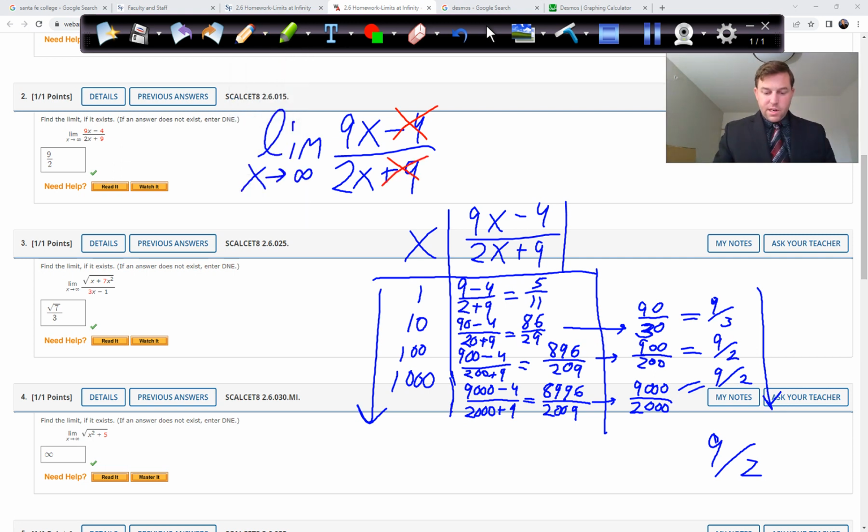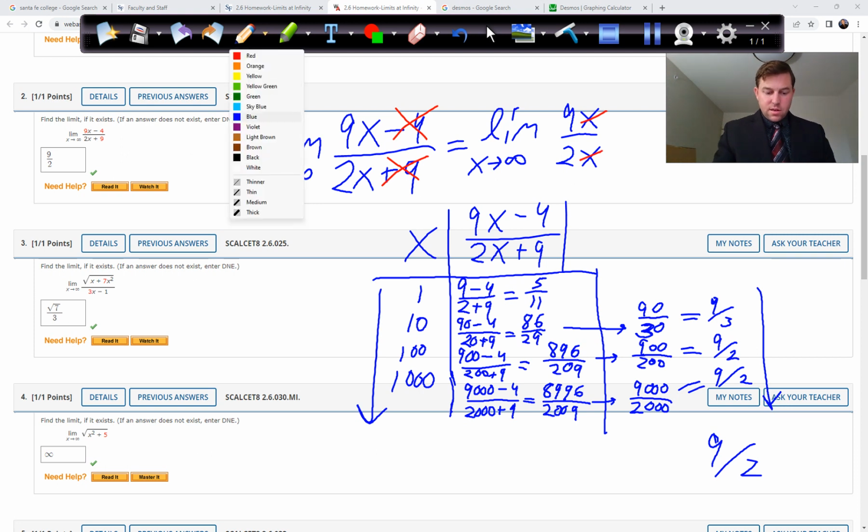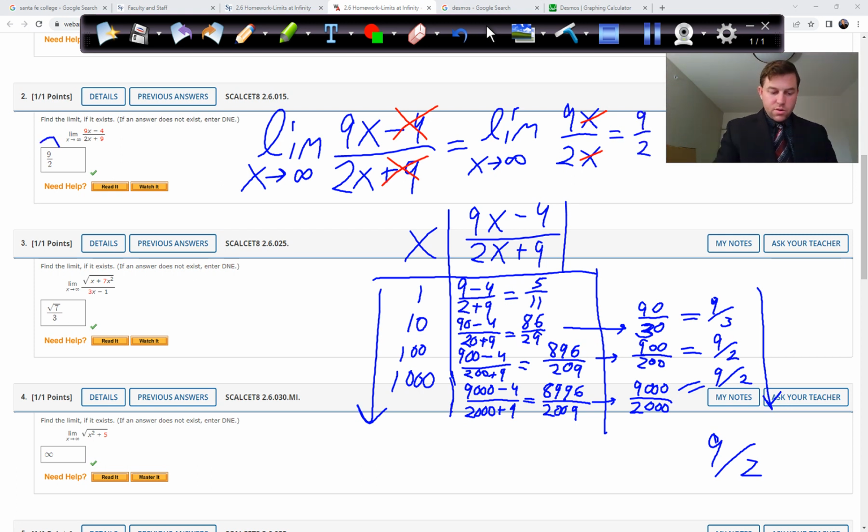And we can simplify this to just the limit as x approaches infinity of 9x over 2x. But now, since there's no other numbers getting in the way, you can cancel this x with this x, and it's going to simplify to the limit of 9 over 2, which is just 9 over 2. So the limit is going to be 9 over 2.